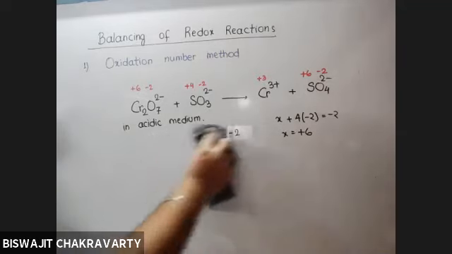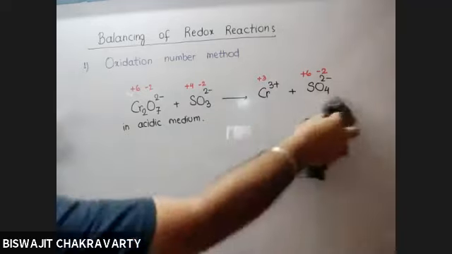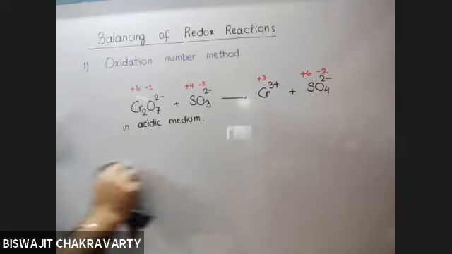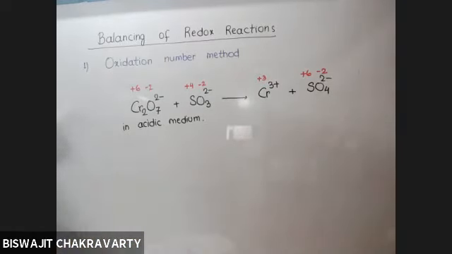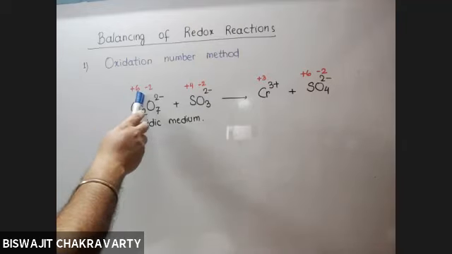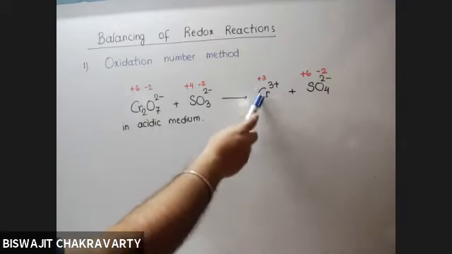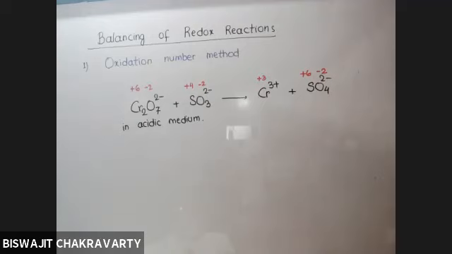We first took out the oxidation number of each, and now who are the elements that are undergoing change in oxidation number? Tell me. Chromium was +6 before the reaction and becoming +3 after the reaction. So chromium is undergoing change. Who else is undergoing change apart from chromium?